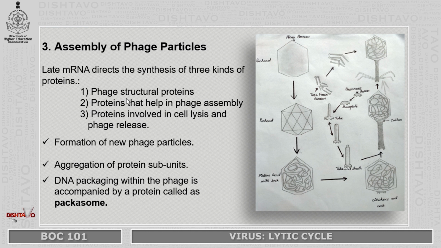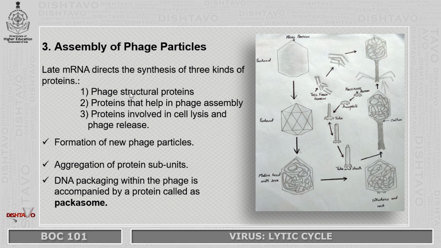The first one is the phage structural protein, followed by proteins that help in phage assembly but without becoming part of the virion. And the third one is the proteins involved in cell lysis and phage release.